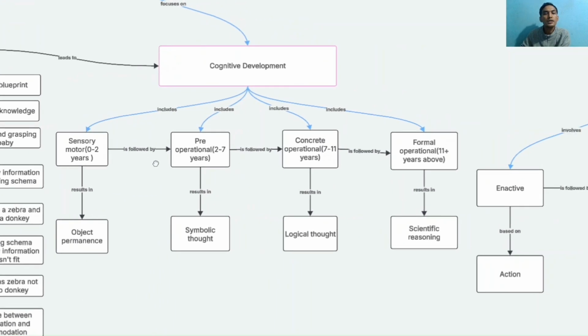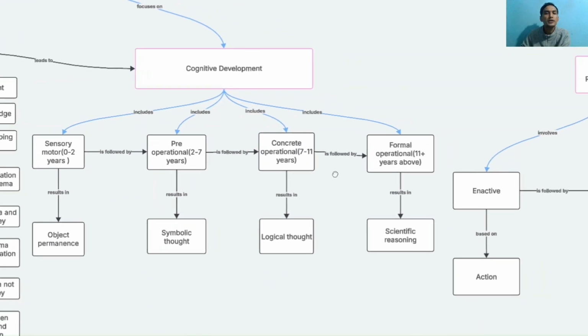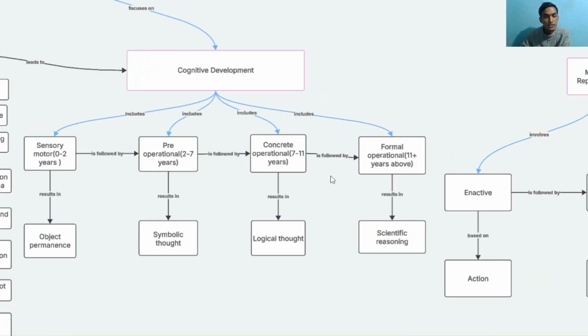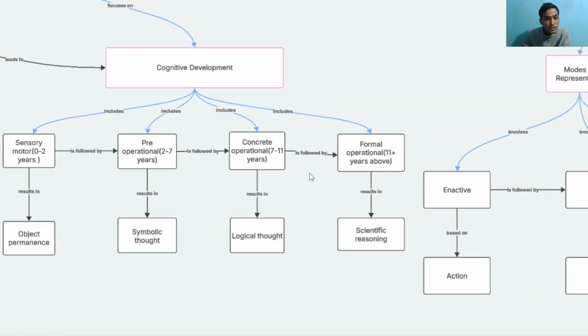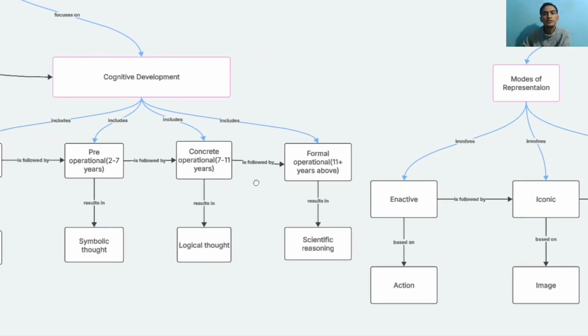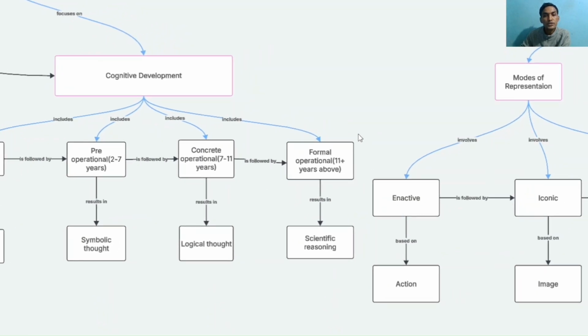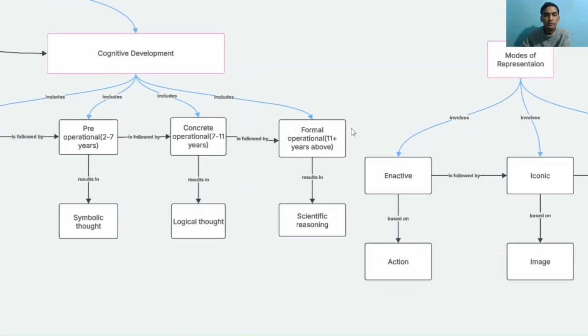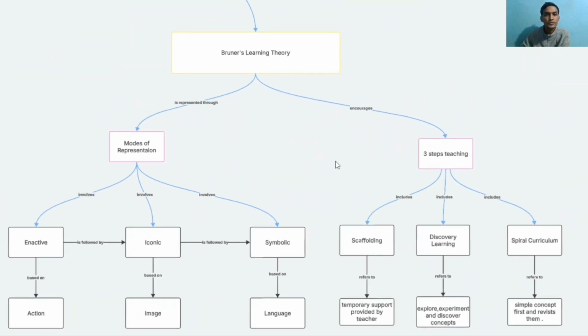Pre-operational is followed by concrete operational, whose age range is 7 to 11 years, that results in logical thought. Finally, concrete operational is followed by formal operational, the age range is 11 years and above, and that results in scientific reasoning.